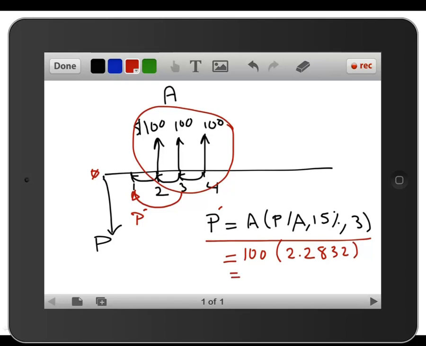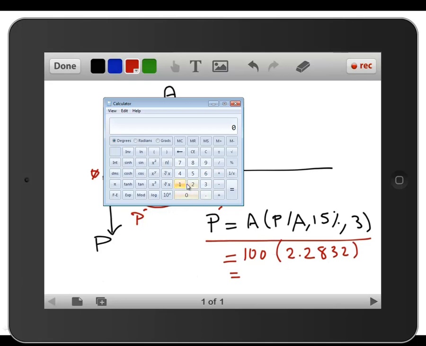If you multiply that using the calculator, $100 times 2.2832 will equal 228.32. Now we're done with the first calculation. Okay.